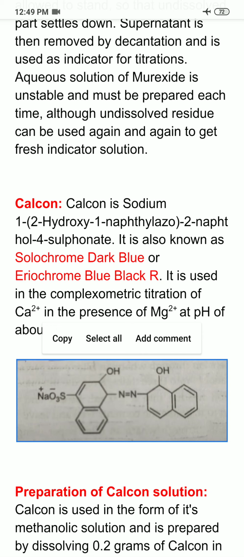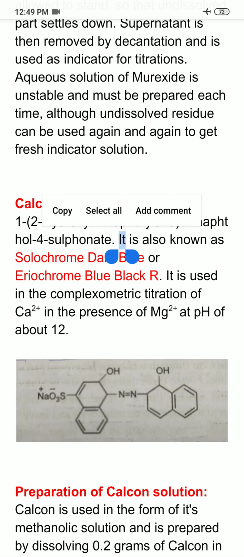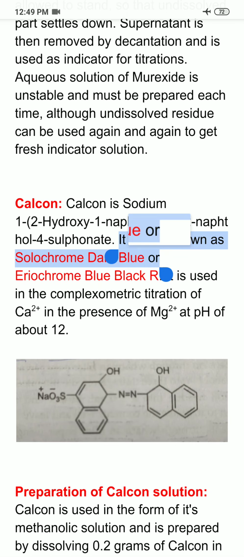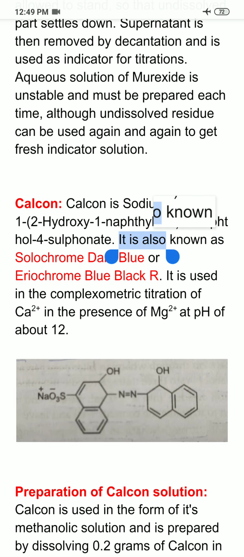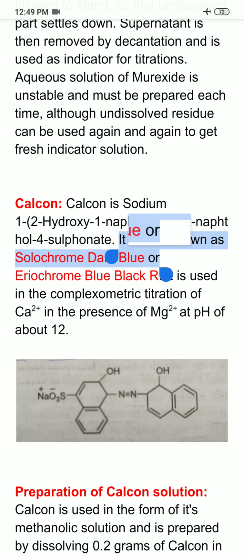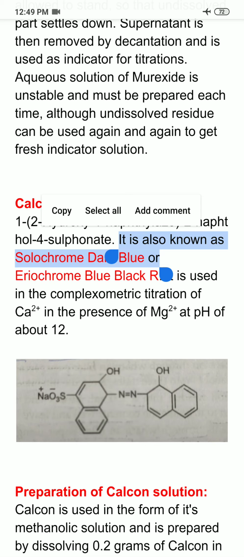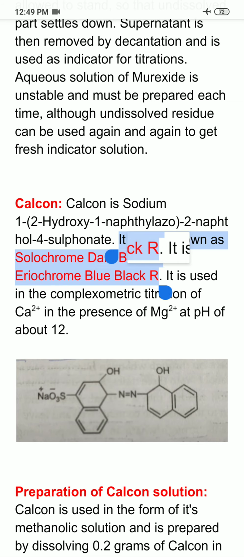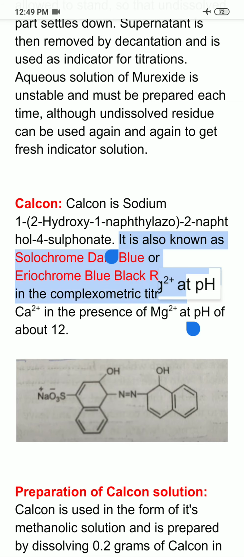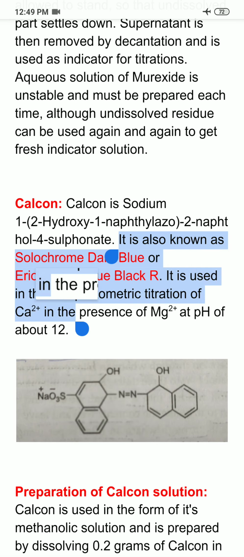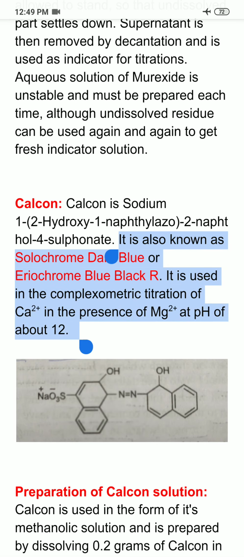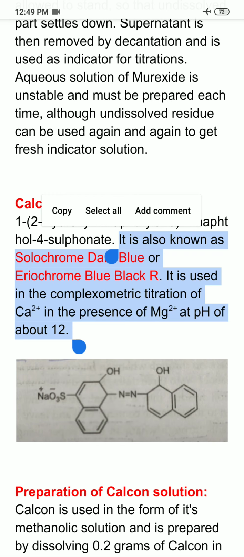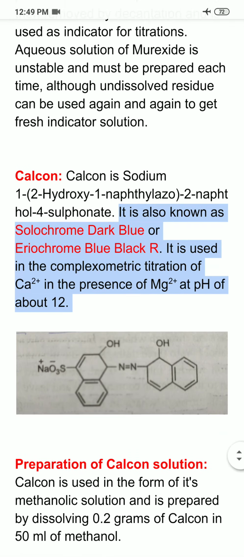So Calcon has a structure similar to EBT with the only difference lying in the nitro group. It is also known as Solochrome Dark Blue or Eriochrome Blue Black R, and it is used in the complexometric titration of calcium 2 ions in the presence of magnesium 2 at a pH of about 12 or 12.3.